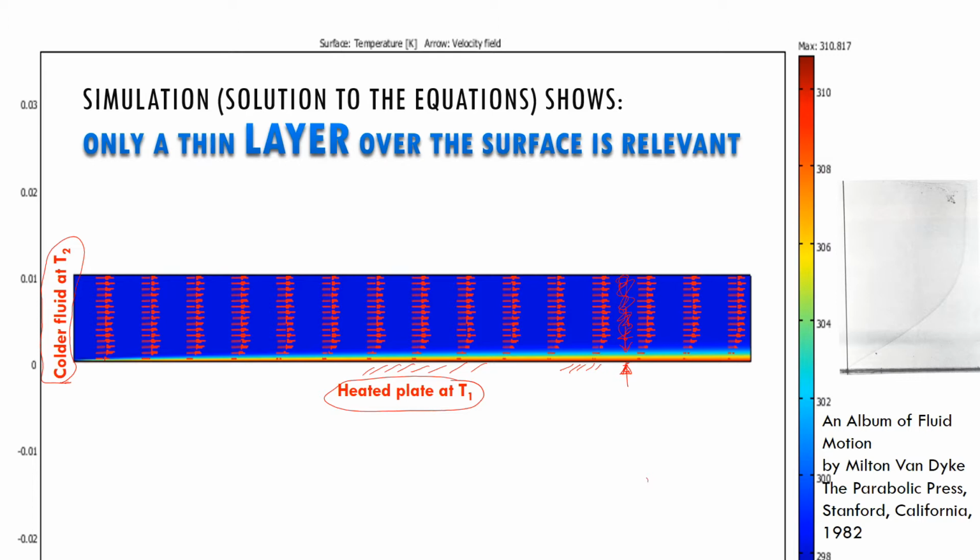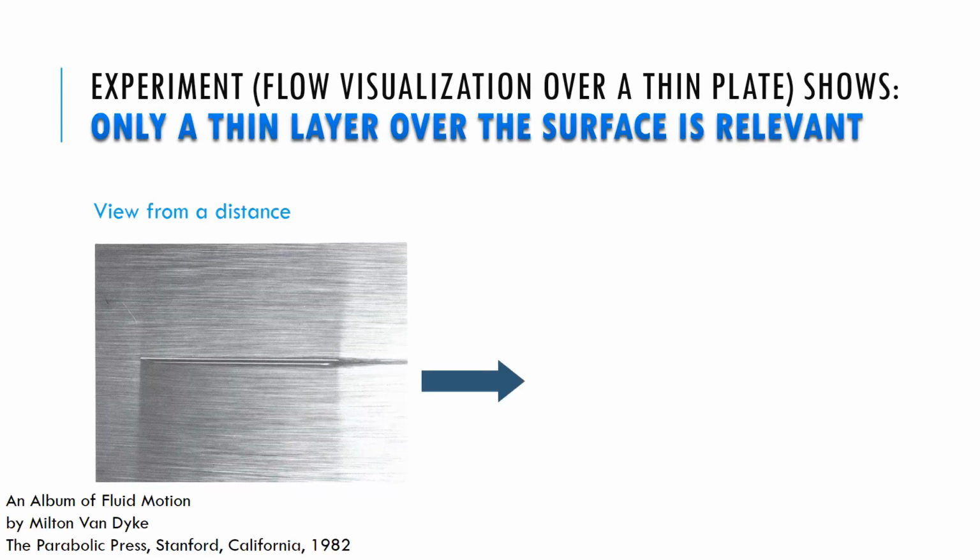But also for velocity, you can see by the time it reaches here, after that the velocity stays the same. So velocity change is also restricted to a thin layer. So we see that the thin layer over the surface is where the action is.